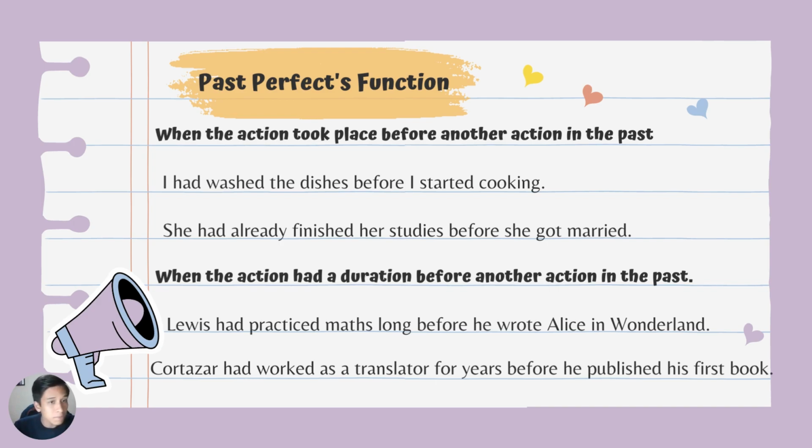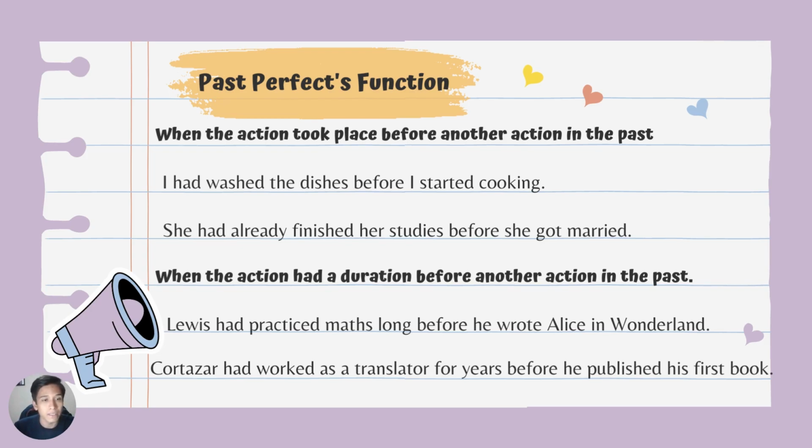We can use the past perfect also when an action had a specific duration before another one in the past. We could say that this function is almost the same. Lewis had practiced maths long before he wrote Alice in Wonderland.